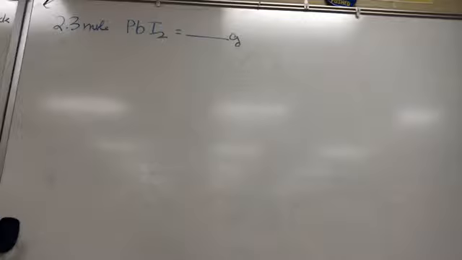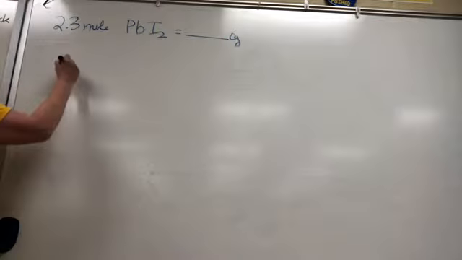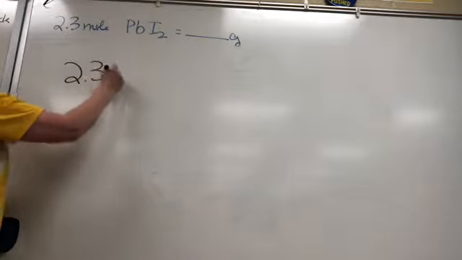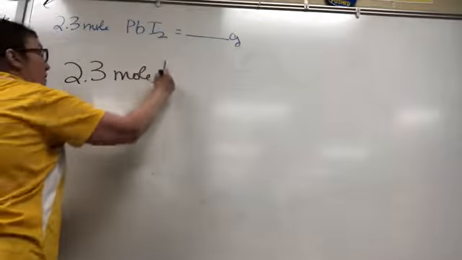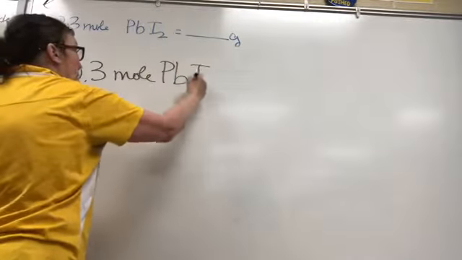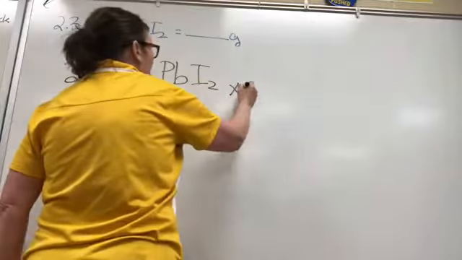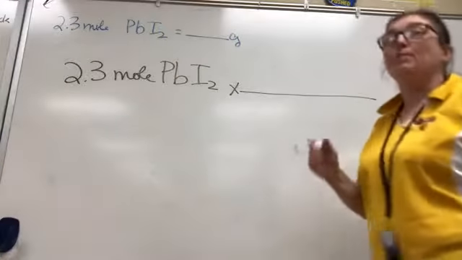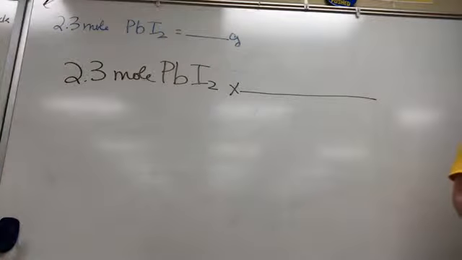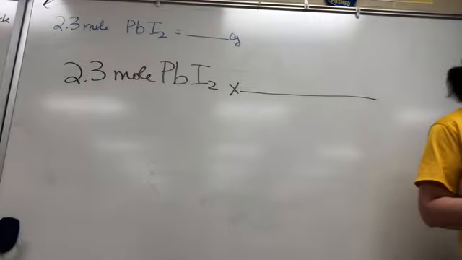6.02. Nope. Has nothing to do with it. Griffin? What's given? Always write your given first. Here's my given right here. So write down 2.3 moles of PbI2. And I want to multiply it by something. And guys, I expect you to write all this stuff out. I know you don't like it, but you have to do it.